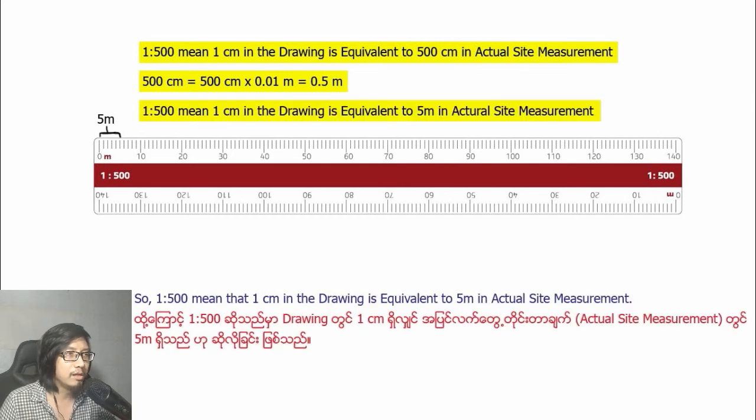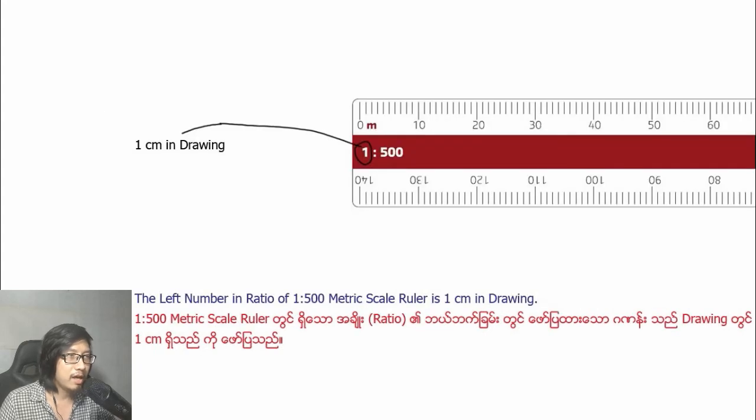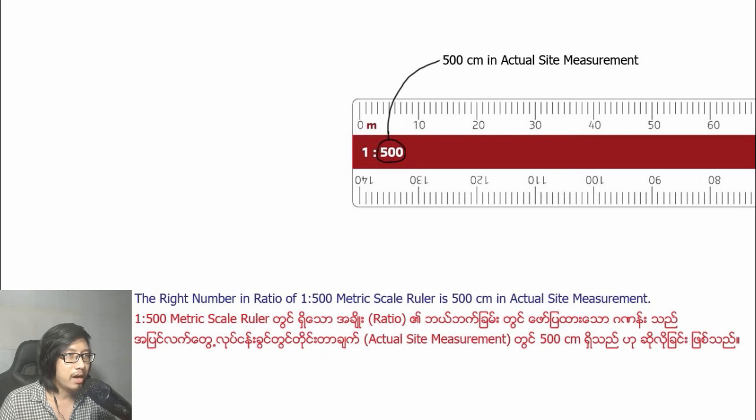So 1 to 500 means that 1 centimeter in the drawing is equivalent to 5 meter in actual site measurement. The left number in the ratio of 1 to 500 is 1 centimeter in the drawing. The right number is 500 centimeter in actual site measurement.